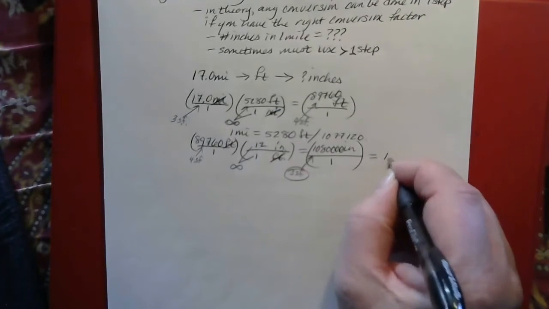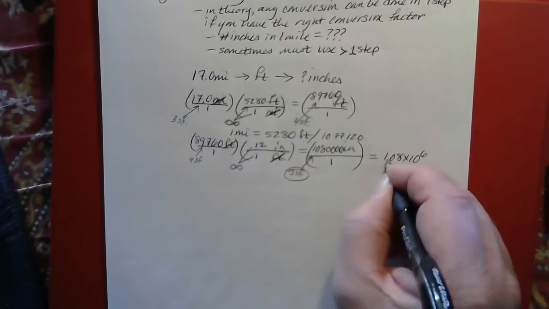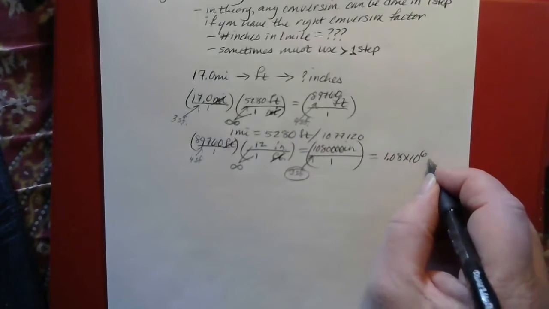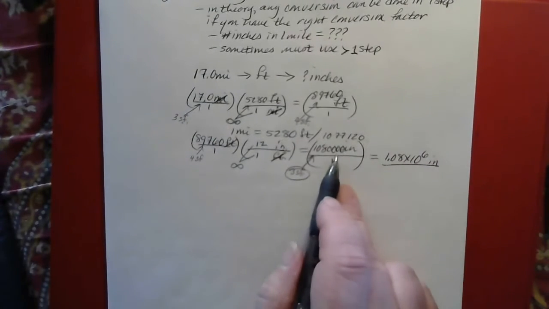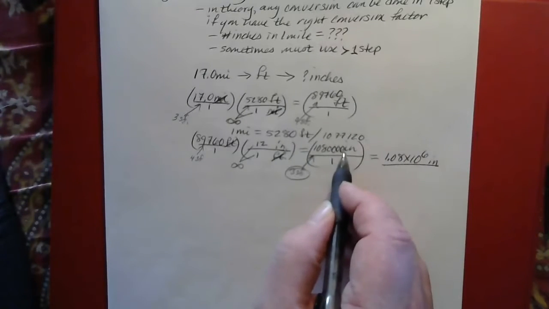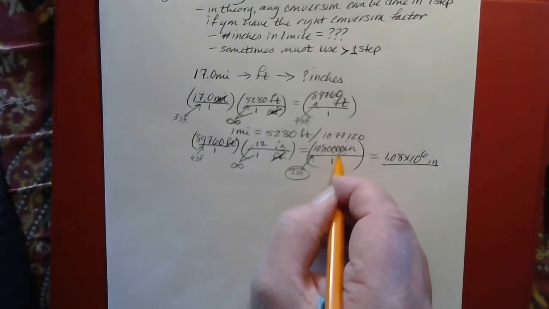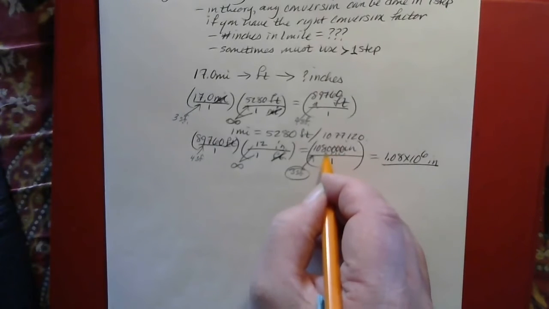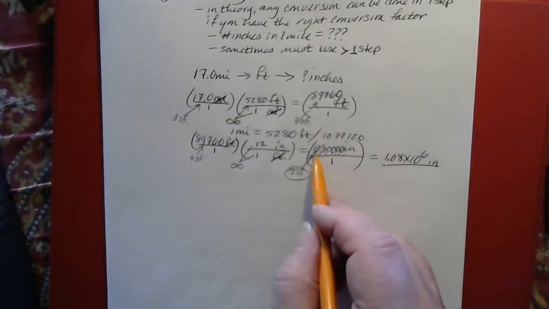And so it would be better, especially with big numbers like this, to write it in scientific notation, in which case it would be 1.08 times 10 to the 6th. Because if you start with a decimal point at the very end and move the decimal point 1, 2, 3, 4, 5, 6 spaces, you get 1.08.